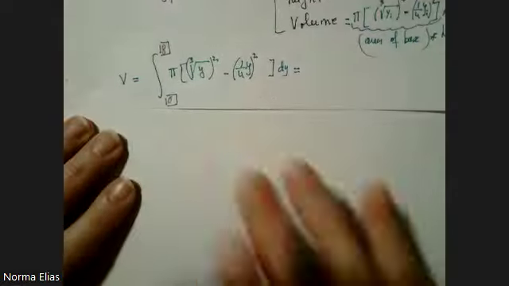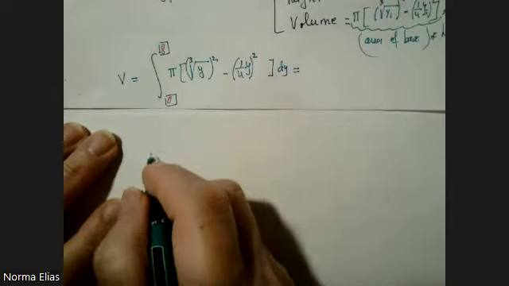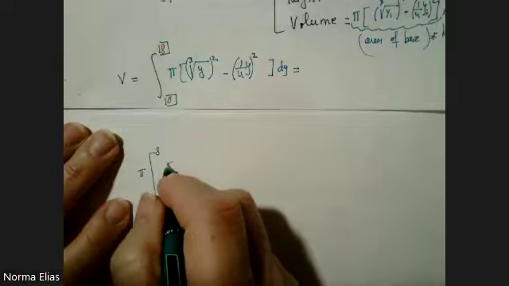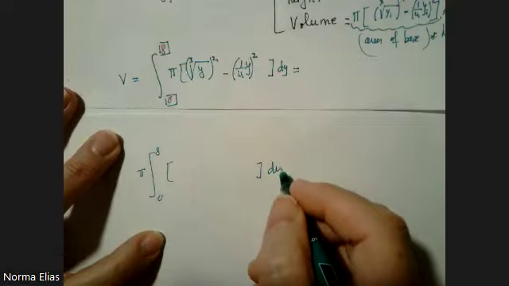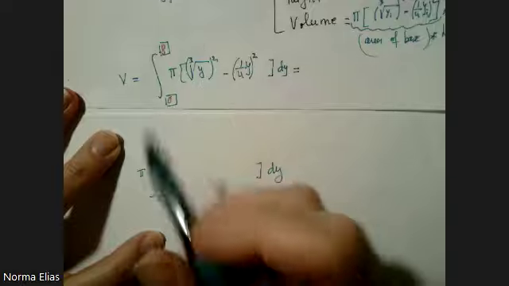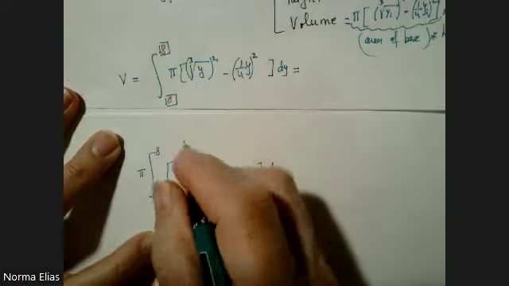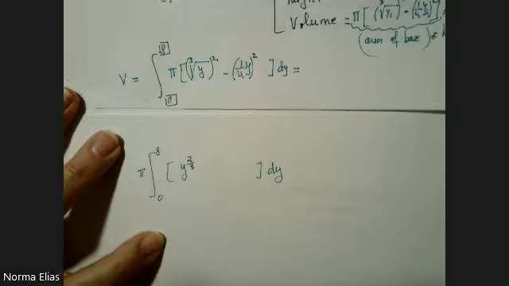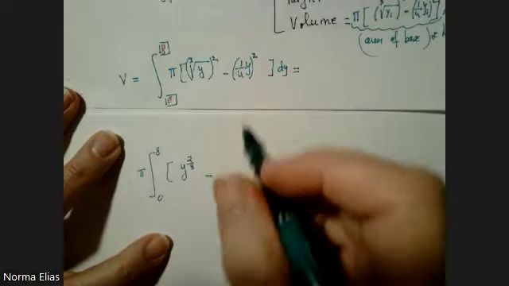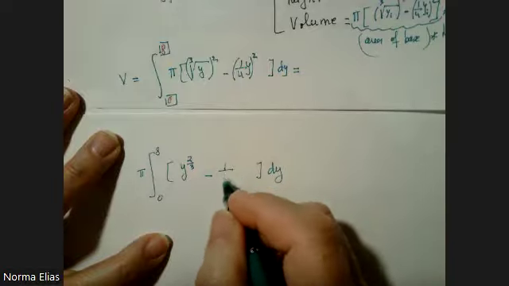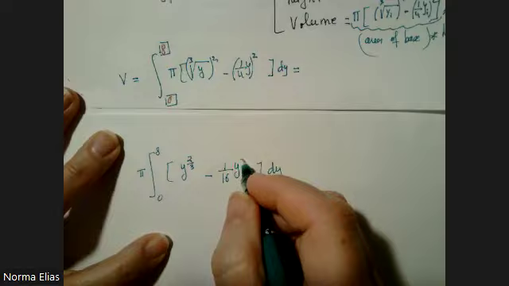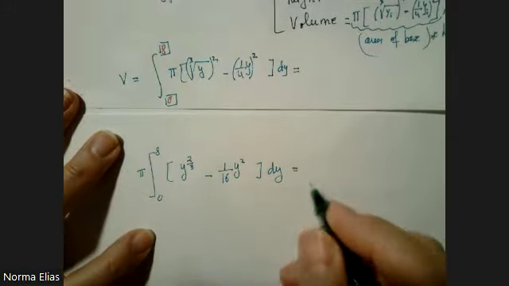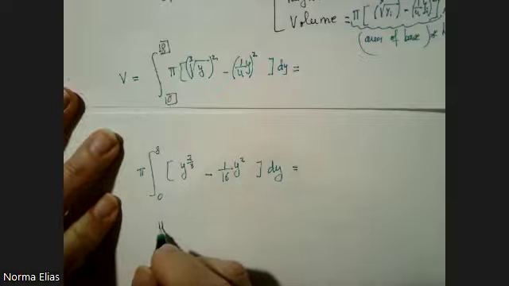The integral from 0 to 8, pi is a constant, I take it out, dy. The cubic root of y squared is y to the power 2/3, minus 1 over 4y squared, which is 1 over 16 times y squared. And the rest is simple integration, I would say.